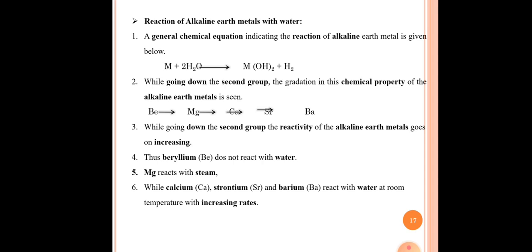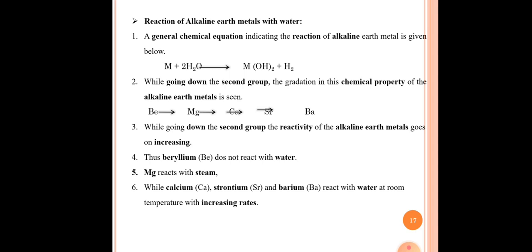That reaction shows the general chemical equation for the reaction of alkaline earth metals with water. The general chemical equation is M plus 2H2O gives M(OH) taken twice, that is M(OH)2, plus H2. So this is the chemical equation for the reaction of alkaline earth metals with water.